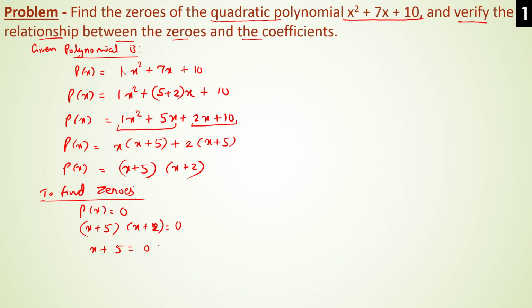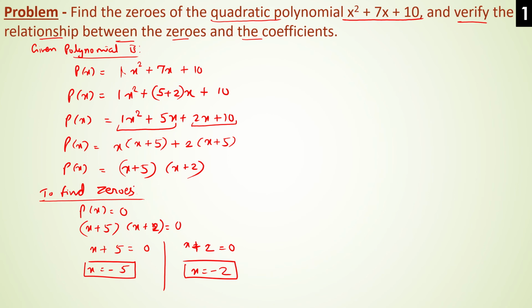So at first stage we get x equals minus 5, and at the second step we get x plus 2 equals 0. That means x equals minus 2.